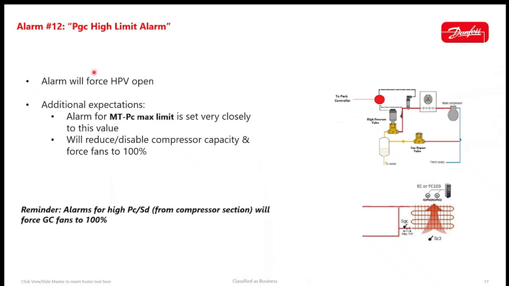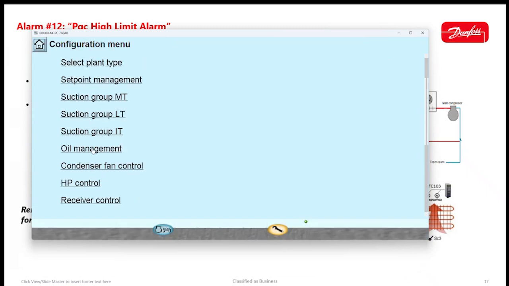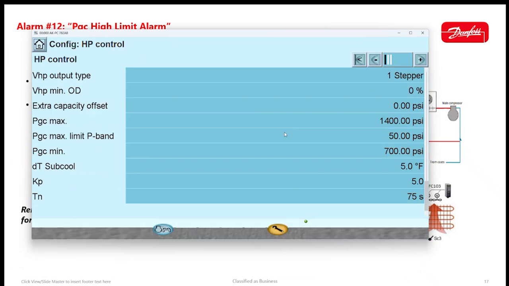On the gas cooler side, really just one alarm that we can expect here. It's high gas cooler pressure with PGC. So you'll see a PGC high limit alarm. The action that this takes is it's forcing the high pressure valve open. So if PGC goes above the limit that we've defined in the gas cooler configuration, so we're under our HP control area, PGC max 1400.